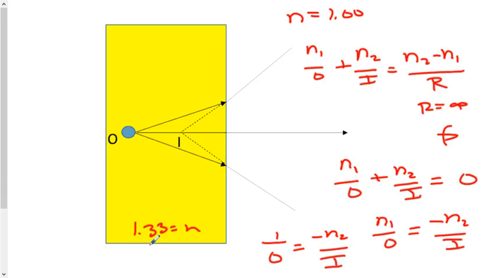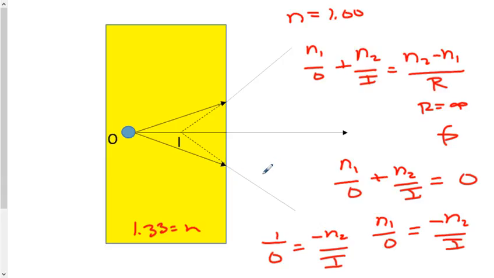So that'd be a really easy equation that we can solve for I. Essentially, what we end up doing is dividing by the index of refraction of 1.33. So whatever my object distance is, my image distance will be that object distance divided by 1.33, if we're assuming water and air. So that's how it works.